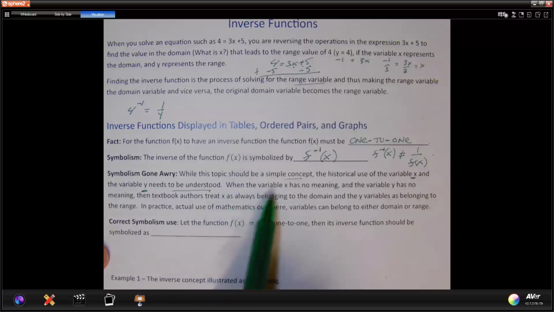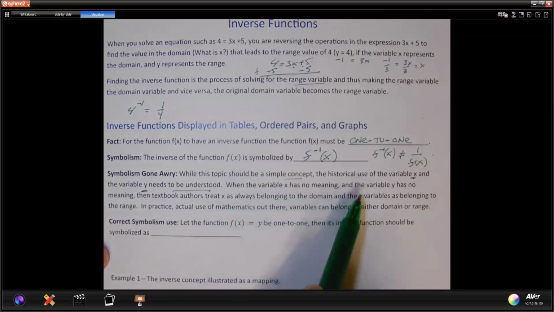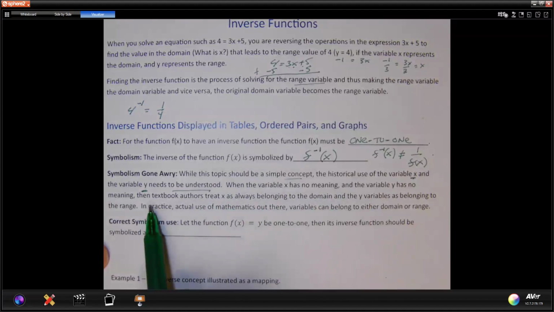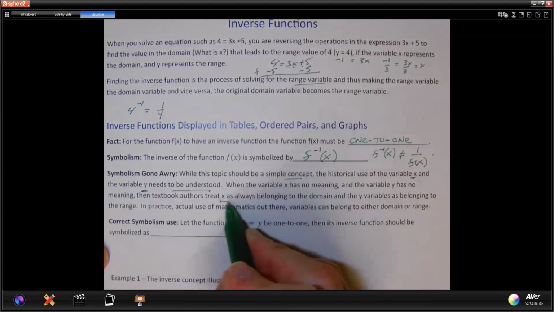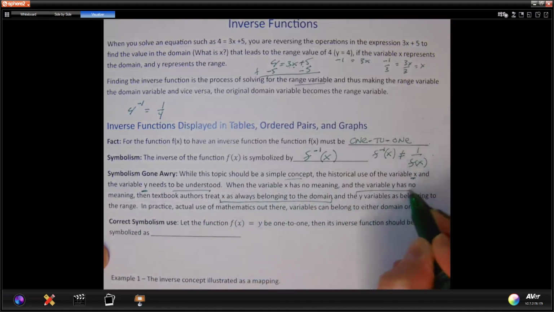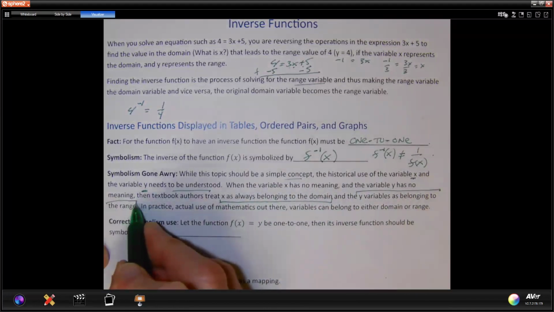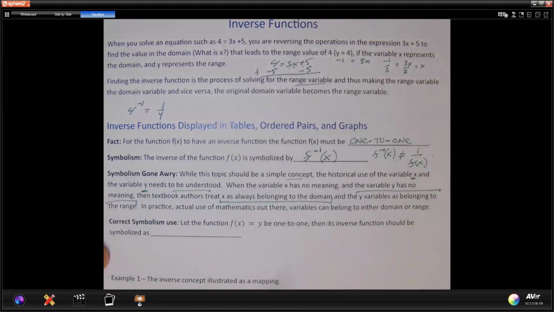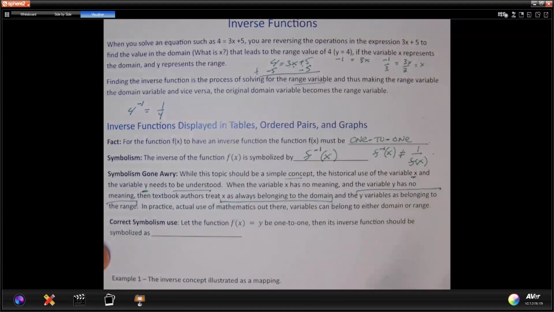When the variable x has no meaning and the variable y has no meaning, then textbook authors treat x as always belonging to the domain and the y variable as belonging to the range. Okay, so no matter what, that's always going to be the convention. And that's okay for a lot of things. You know, sometimes I'm very casual about this as well.